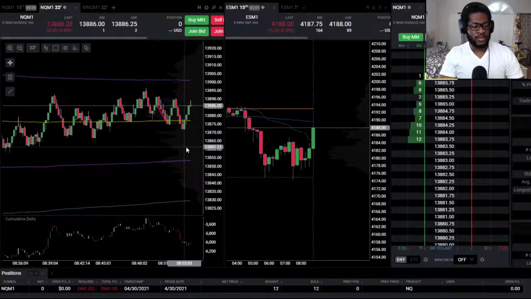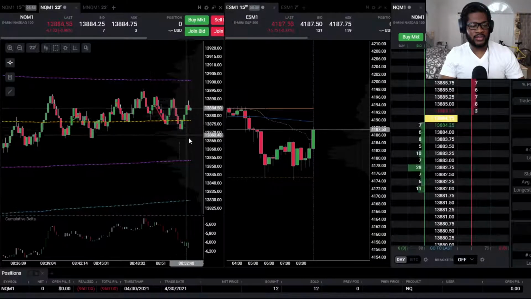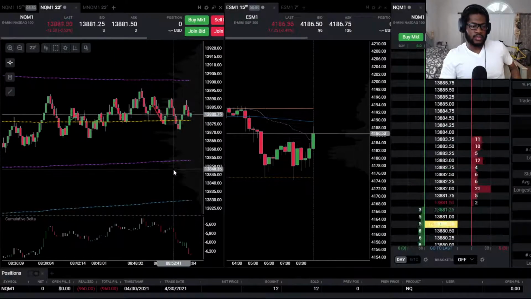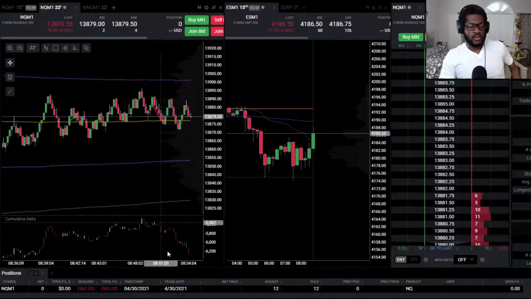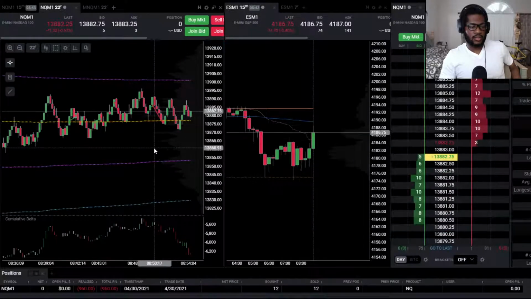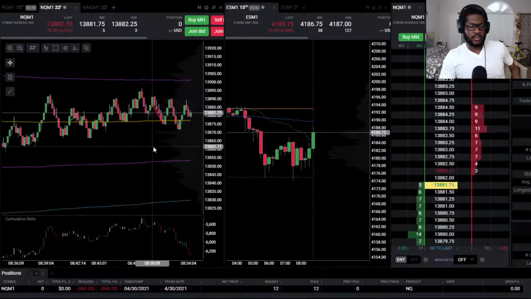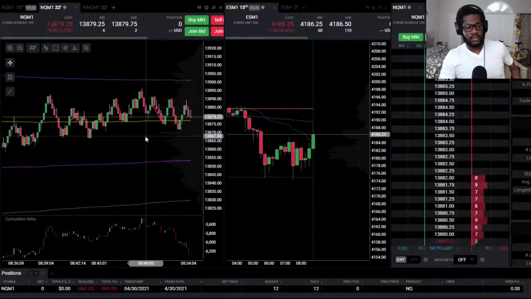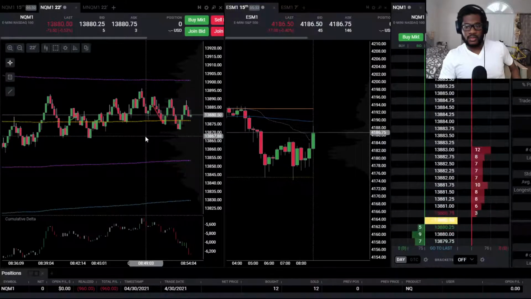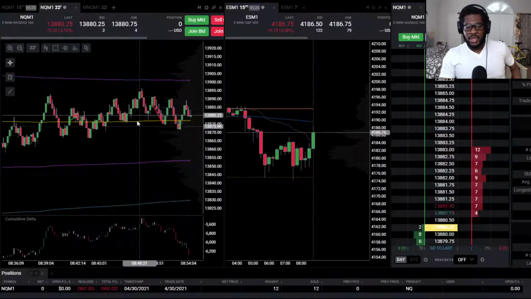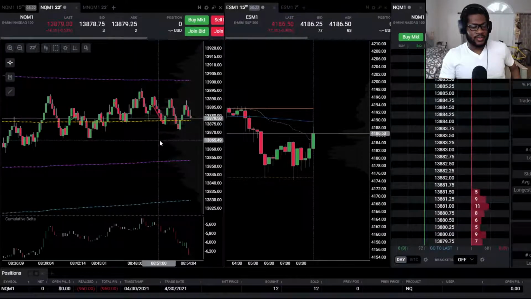I still want to go long, but I don't want to go long when it's just made a local low. And seeing the delta sell off like this, what I need to do is just be patient and wait for this whole range to break.